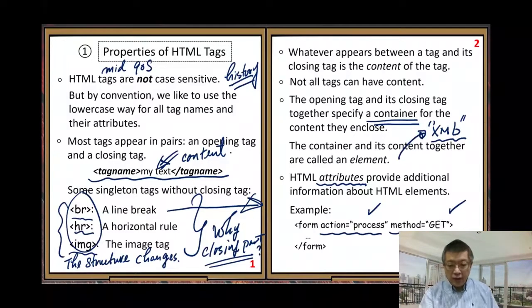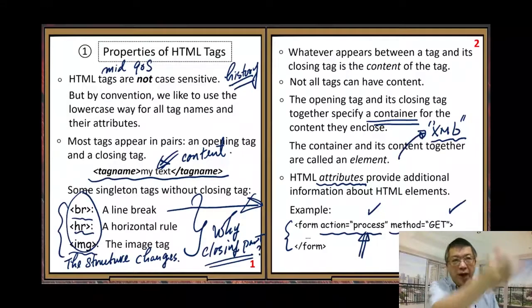The first one, using the action attribute, tells the name of the back-end server processing tool to be called to process this form. The form needs to be processed by something, so which program we want to call, we specify here. The action attribute gives us that chance.